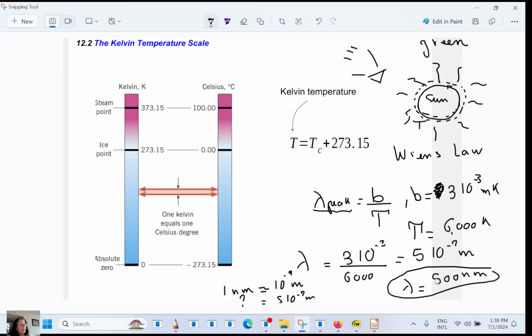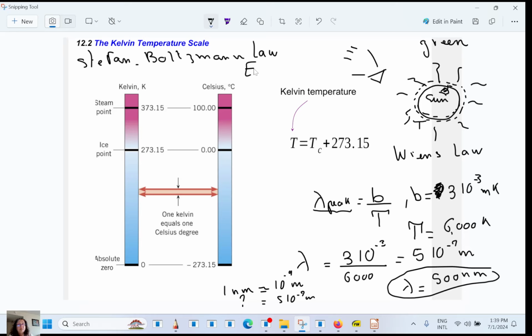In astronomy as well, you use another law called the Stefan-Boltzmann law. And it says that the amount of energy emitted by a star, energy per unit second per unit area, so power per unit area, will be proportional to the temperature to the fourth power.